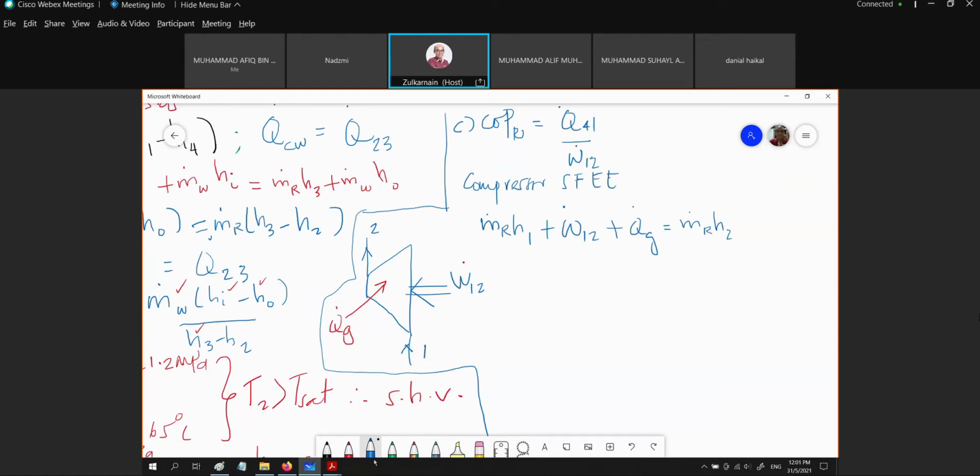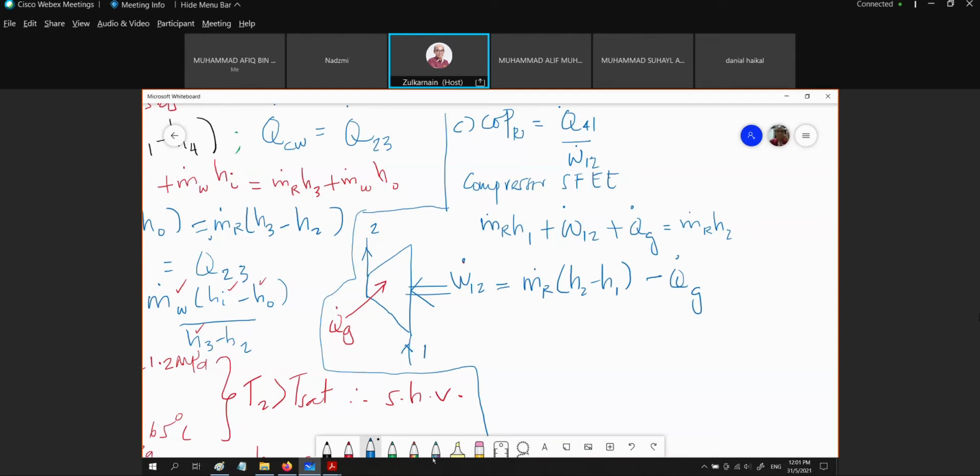So we want to solve for what? We want to solve for W12. Then the W12 is equivalent to M dot R H2 minus H1, minus Q dot G. Okay, so this is W12, the energy transfer in, this is initial energy, this is final energy.